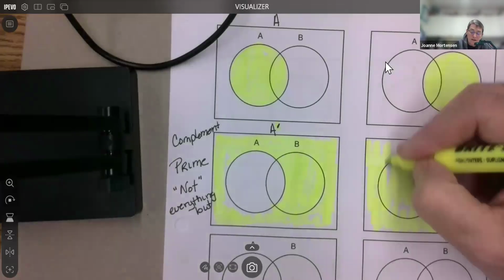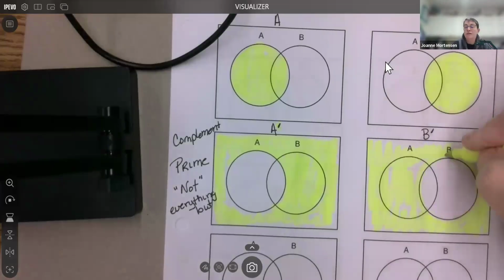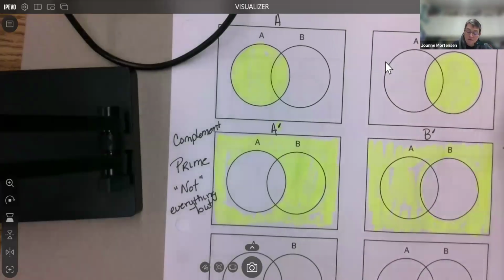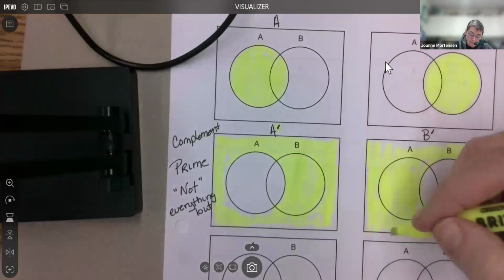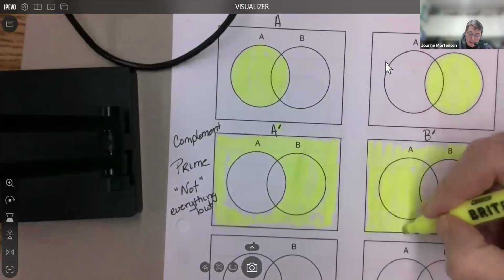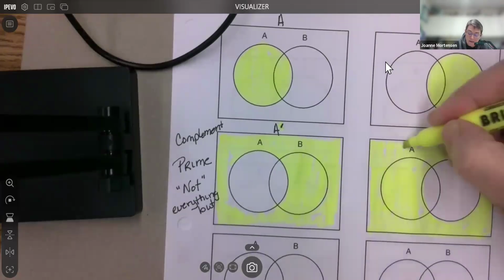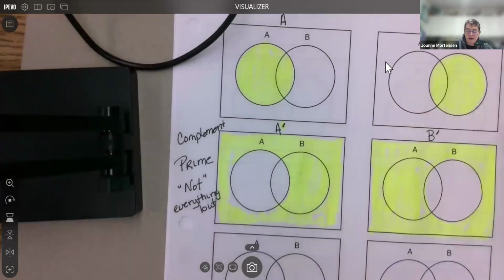And maybe you're feeling super confident because we did a lot of this stuff in Math 20 and you're like, oh, I don't really have to pay attention, I can kind of zone out. Well, maybe not the best plan. All right, there we go. B prime. I colored everything but B.